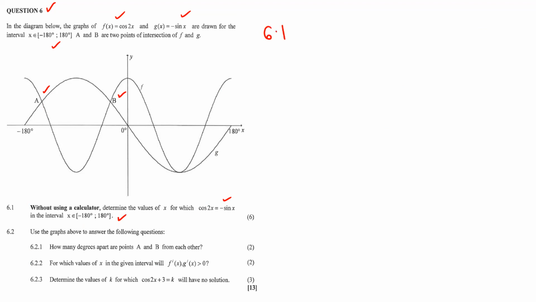Let's look at this now. Determine, without using a calculator, the values of x for which cosine 2x equals minus sine x. So cosine 2x is minus sine x.